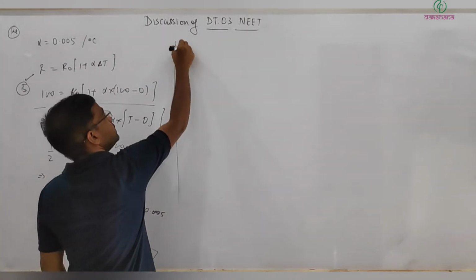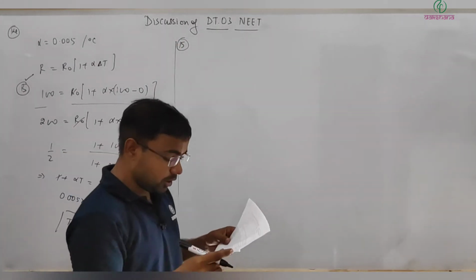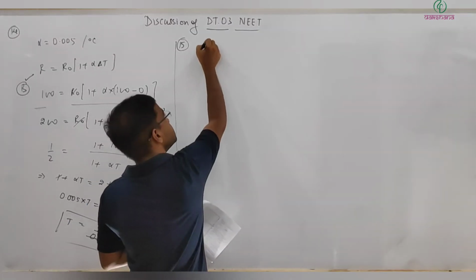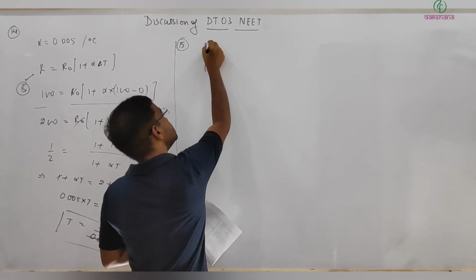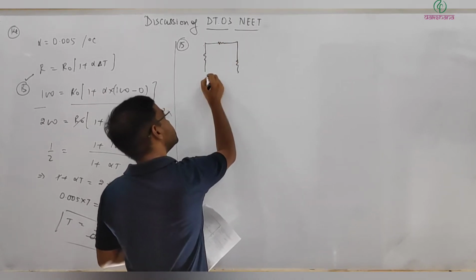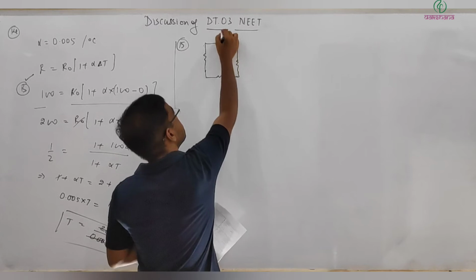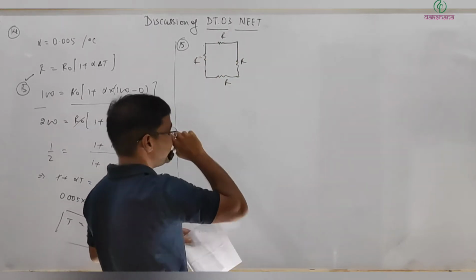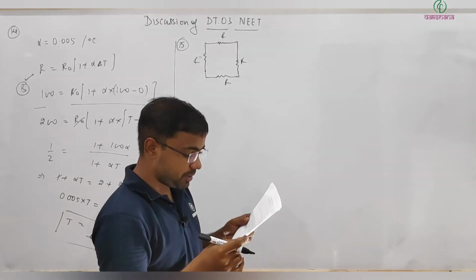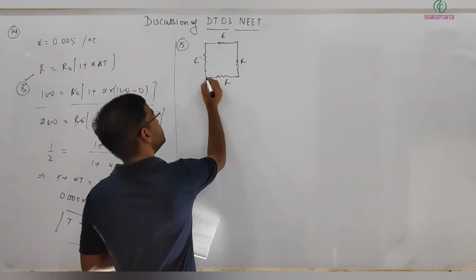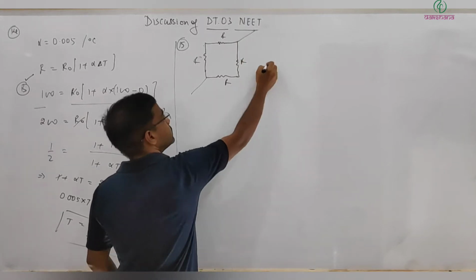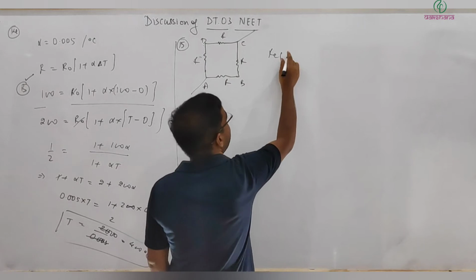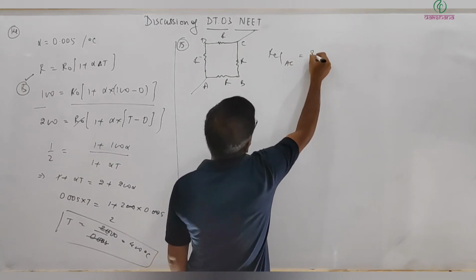Next, question number 15. Four conductors of the same resistance connected to form a square like this, so it's R, R, R, R. If the resistance between the diagonally opposite corners is 8 ohm, let's say A, B, C, D, so R equivalent AC is given as 8 ohm.